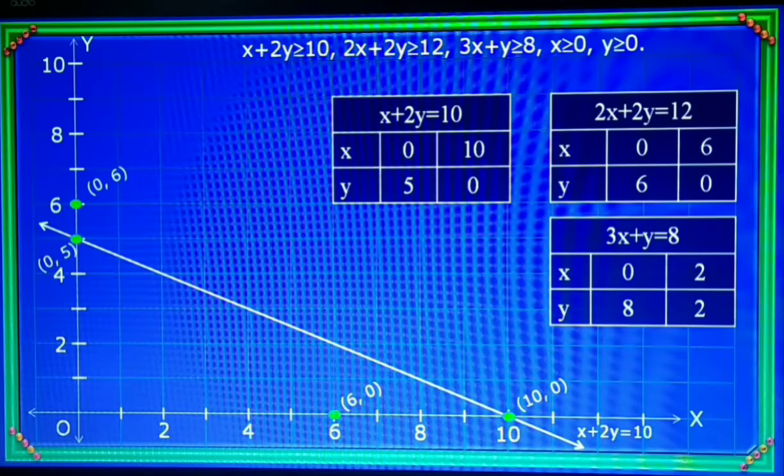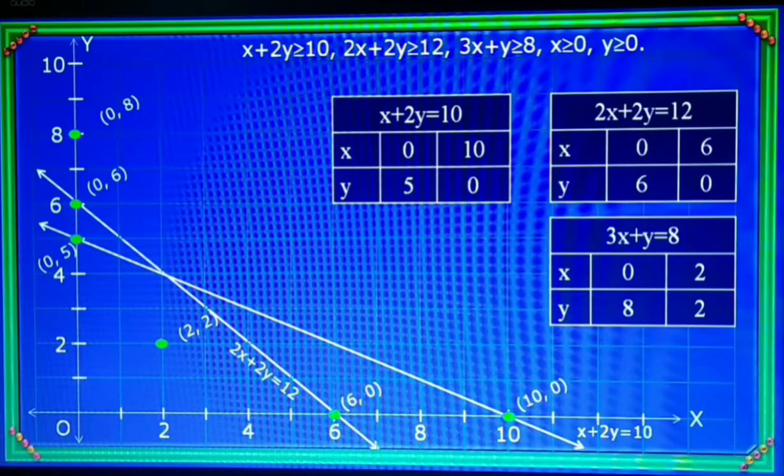Mark the other 2 points which we have got from the second equation. Through these 2 points, draw a line, and 2 more points we have got from equation 3. Mark them. Through these 2 points, draw a line.